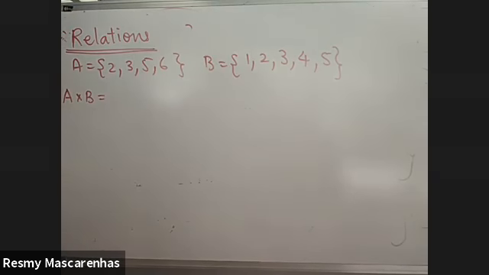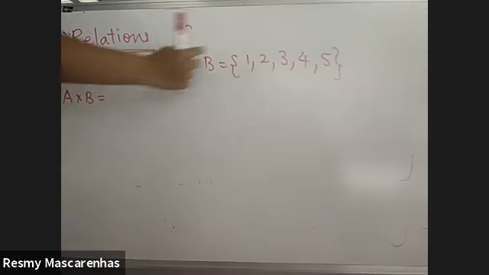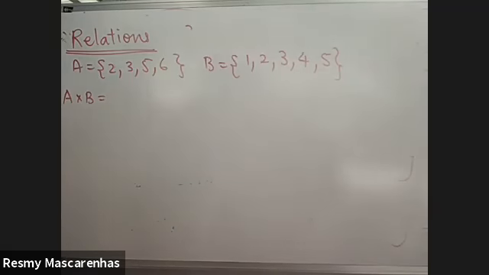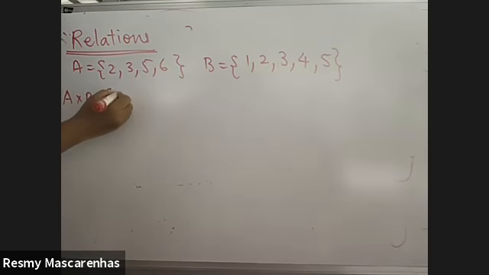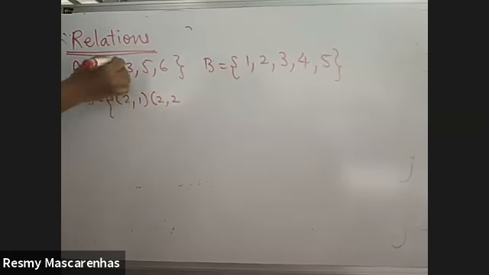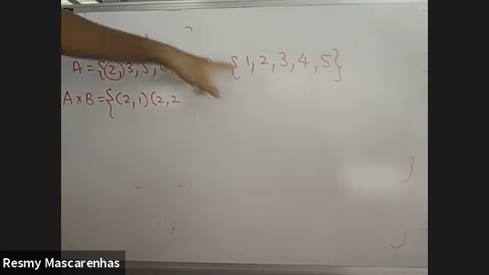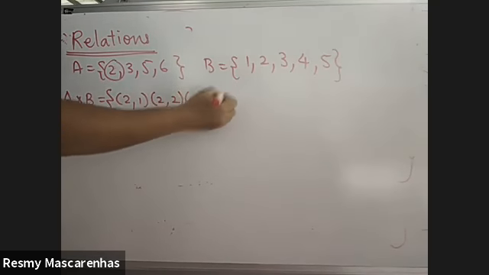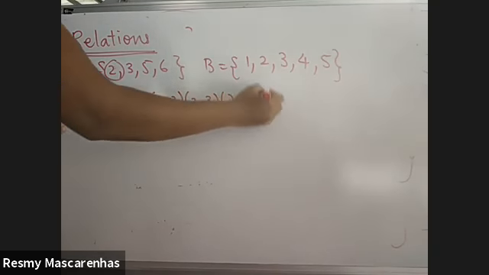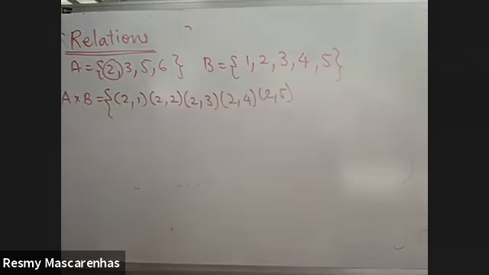Those who have still not understood how to find a Cartesian product, again I'm explaining in this example. A cross B, A you have written first, B is second, so correct. Now take the first element and start pairing with all the elements of the next set. So it will be (2, 1). I'm still fixed with this element only and pairing it with all others: (2, 3), (2, 4), (2, 5).